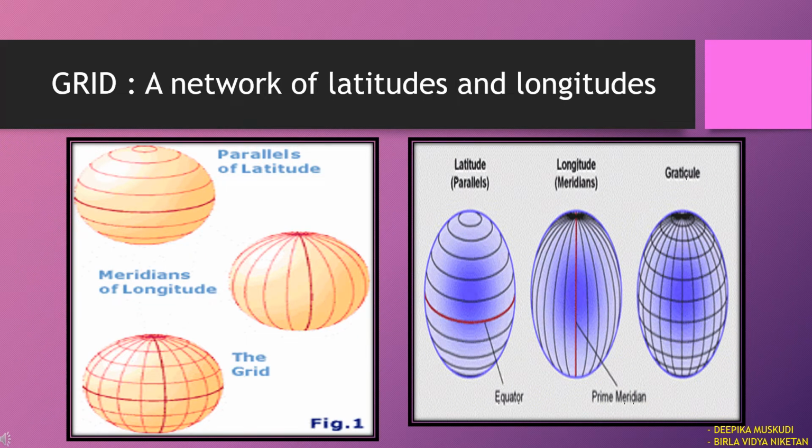As you can see in the picture on the screen, there are parallels of latitude and meridians of longitude, and if we combine them together, we get the grid. Grid is a network of latitudes and longitudes. You can locate any point on the globe very easily if you know its latitude and longitude.